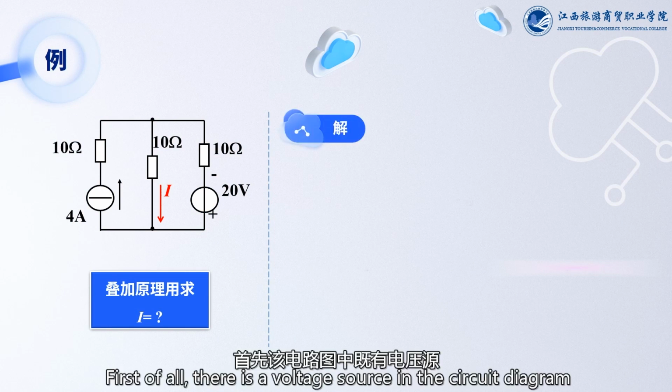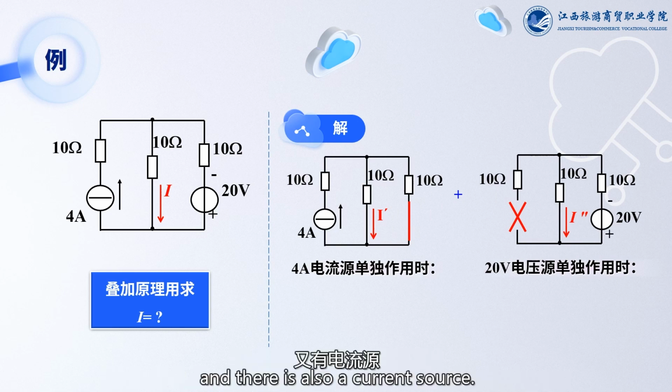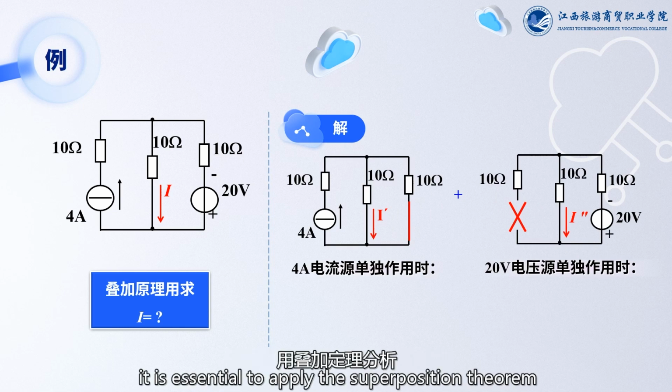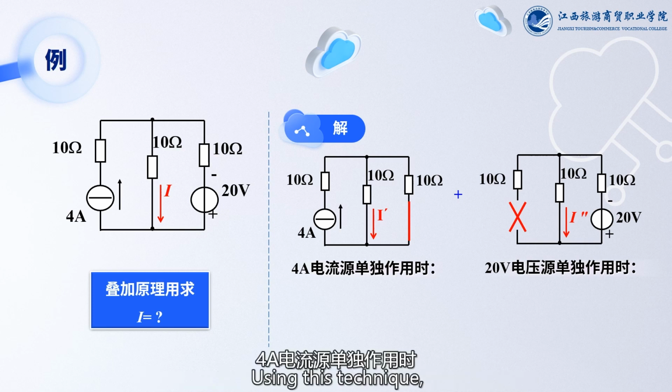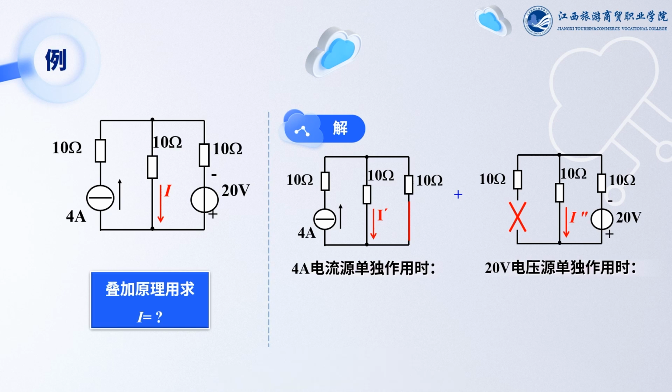For example, using the superposition principle, find I in the circuit shown in the figure below. First of all, there is a voltage source in the circuit diagram, and there is also a current source. When analyzing the isolated impact of a power source, it is essential to apply the superposition theorem. Using this technique, we can analyze the impact of the 4A current source in isolation. After substituting the relevant data into our calculations, we can determine that I' equals 2A.